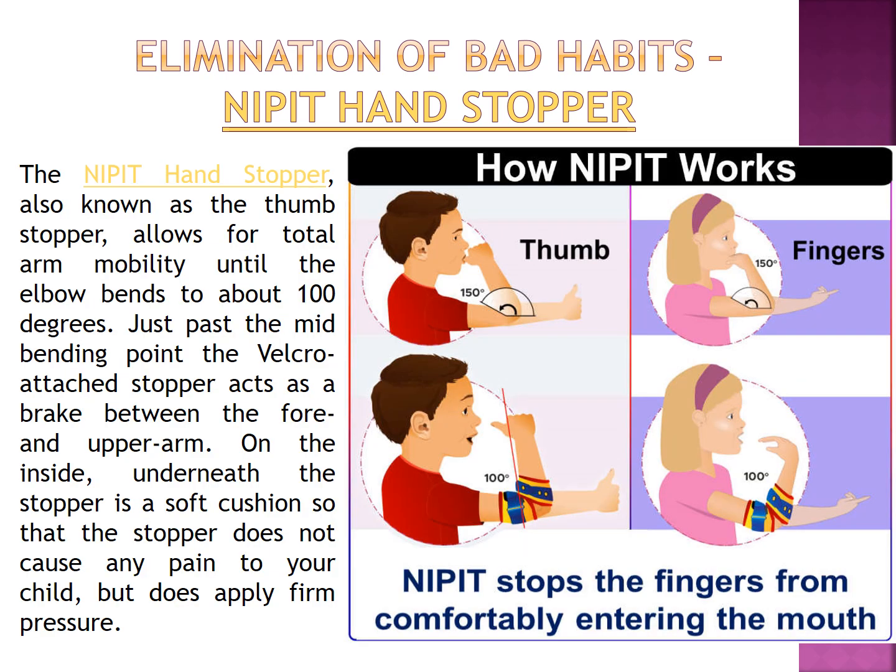What does it mean? The nipped hand stopper, also known as the thumb stopper, allows for total arm mobility until the elbow bends to about 100 degrees.